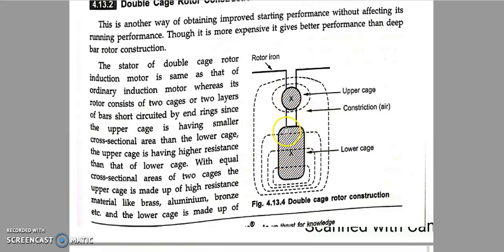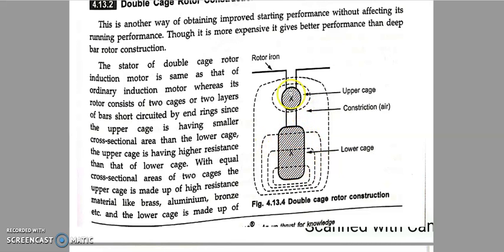This upper cage is utilized during starting and this lower cage is utilized during normal running, that is running at the rated speed. Both contribute during running, but the contribution made by the upper cage will be less at rated speed, and the contribution made by the lower cage will be more during normal running.